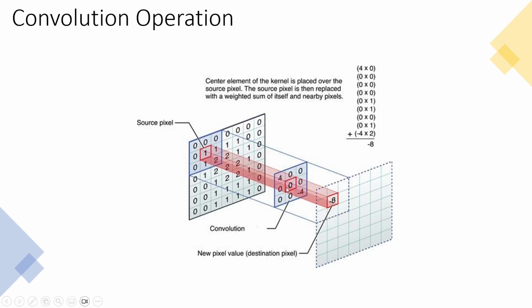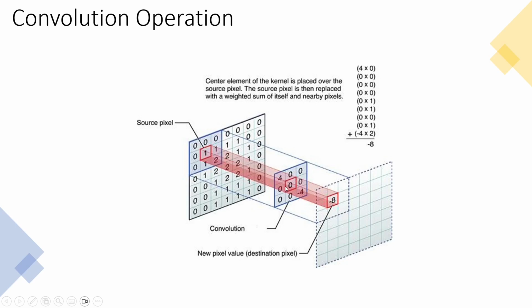We navigate this convolution kernel on top of the source image to obtain another image. While navigating, we multiply all the elements of these two matrices and sum them up. That's the convolution operation.